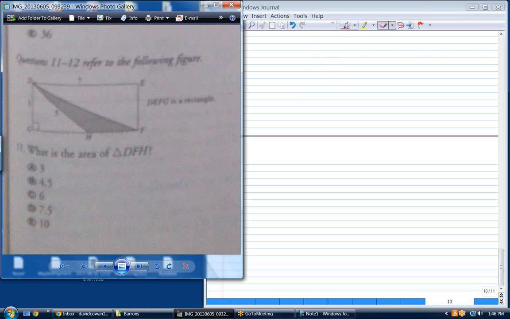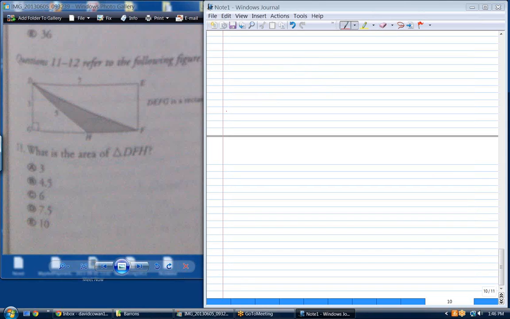So what's the area of the triangle? If HF is 3, then it's half of 3 times the height there, which would be 3.